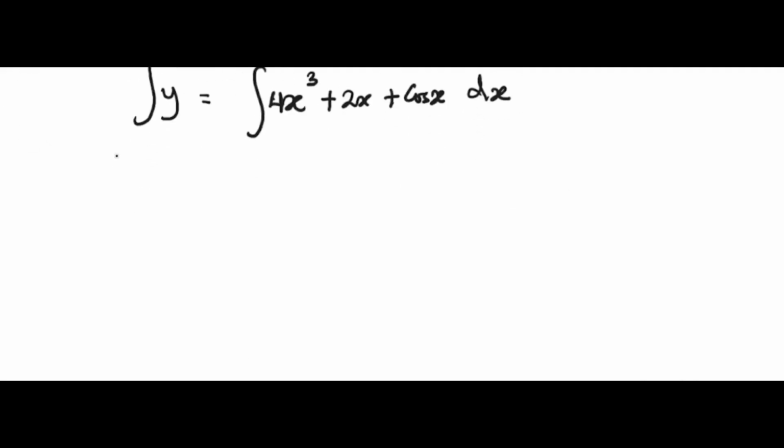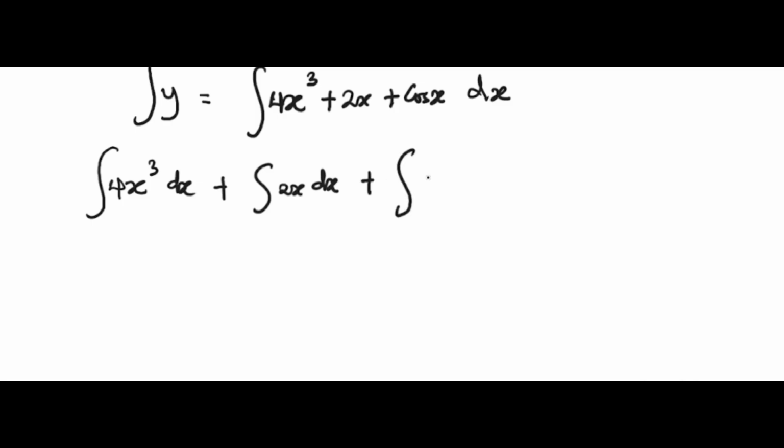So now, like I said, integrating 1, we'll have this plus the integral of 2x with respect to x plus the integral of cos x with respect to x. So integrate one and add everything together.